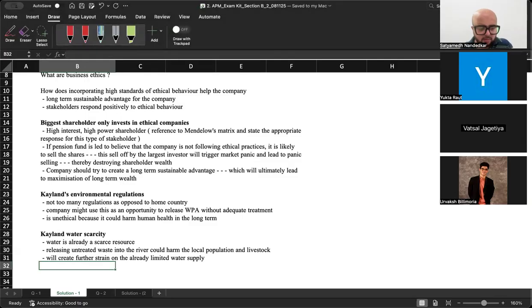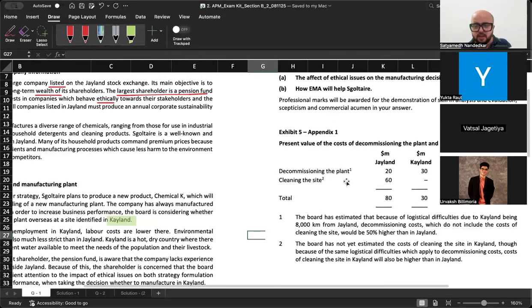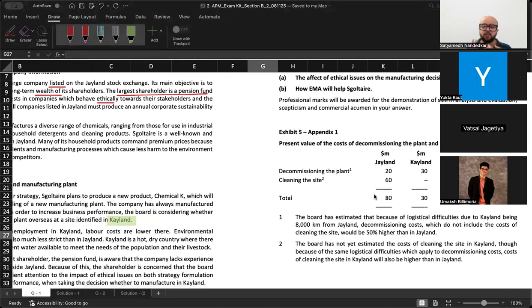Now this is also a problem. Now look at the cost of decommissioning. In Zeland it is 80, in Kaeland it is 30. Now the board has not yet estimated the cost of site cleanup in Kaeland, and that value is blank by the way. This could be a deliberate strategy because the board could think environmental regulations are not so strict, so we might not as well follow that.